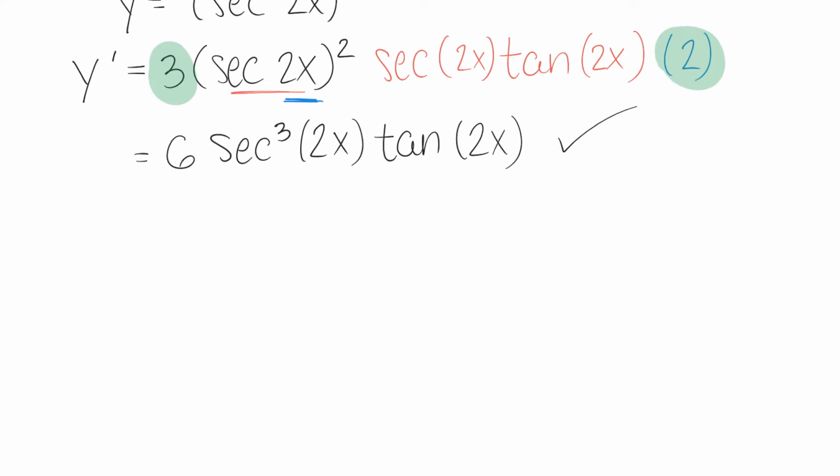Okay, our final example is straight up product law, or even quotient. Let's look at product. So let's say we have y equals x squared times secant 2x.